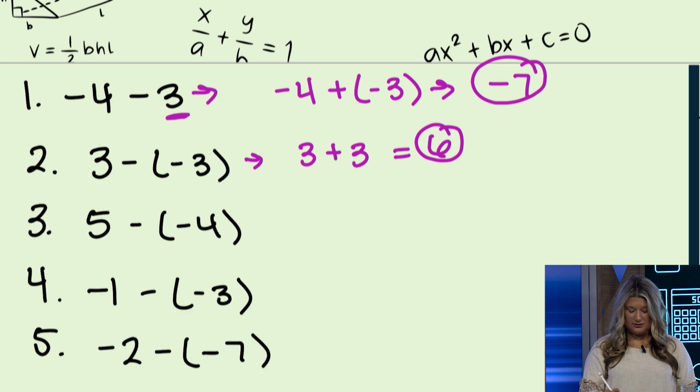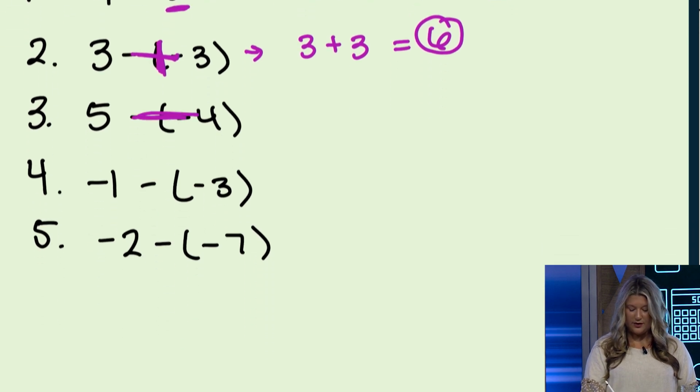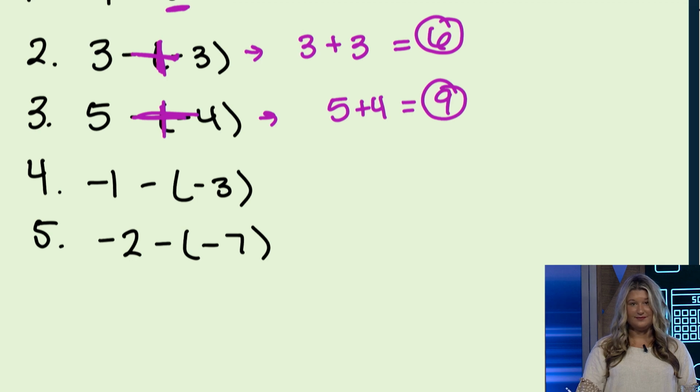I like to draw on there and just connect my 2 negatives and make it a plus sign, because essentially that's what we just did. So it's a little shortcut. It only works when you are subtracting a negative. So for number 3, we have 5 plus 4 equals 9. Simple. So for 4 and 5, I want you to pause, try it on your own, and then press play when you got it.